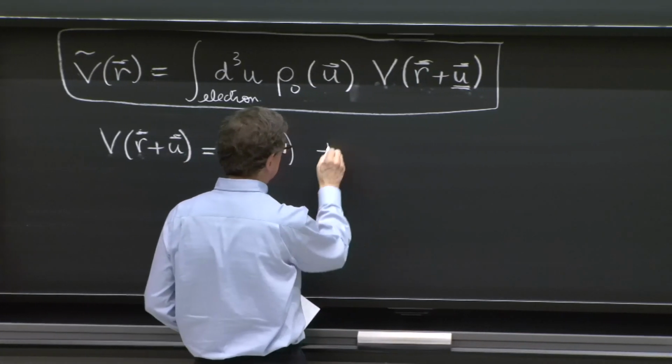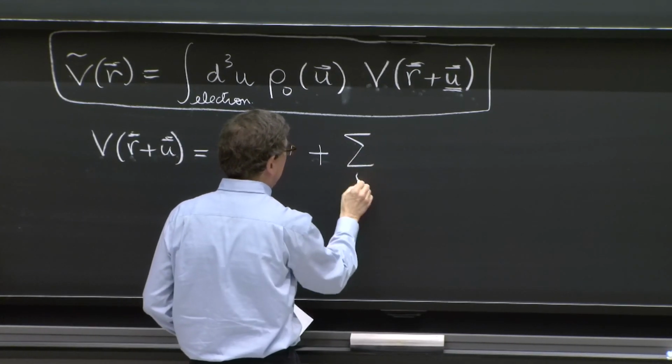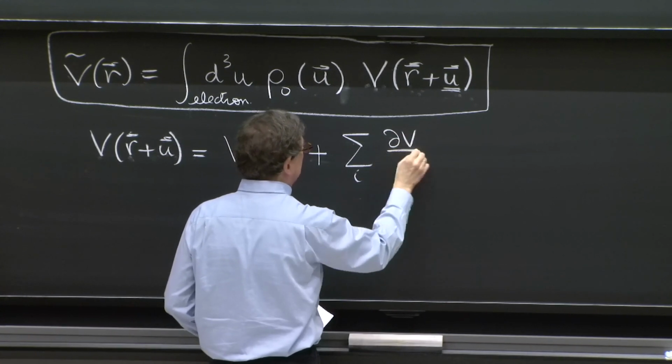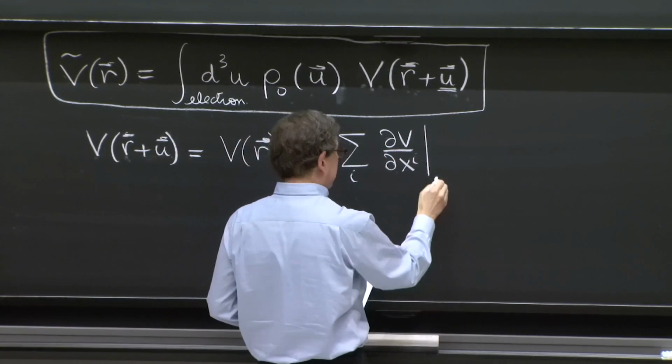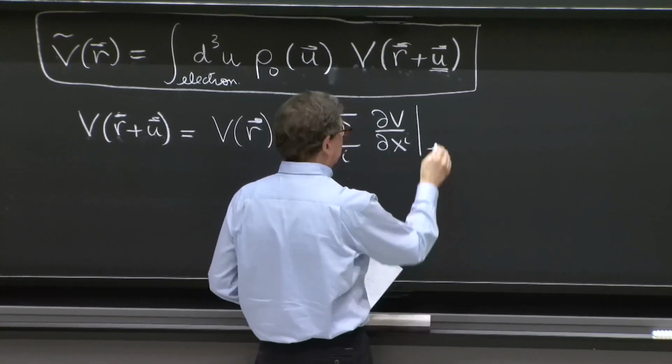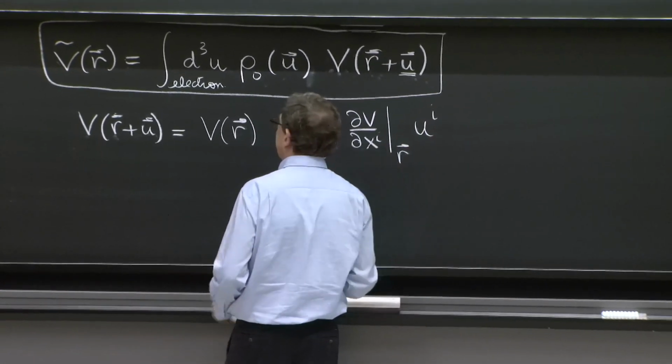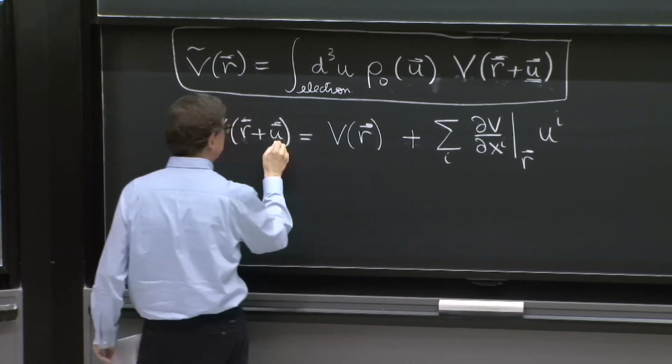So sum over i dV dxi evaluated at R times ui. This is the component of this vector u.